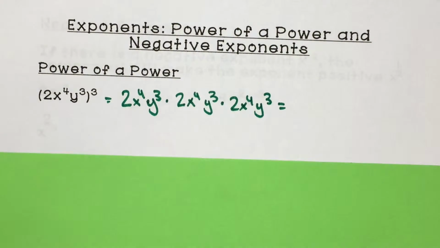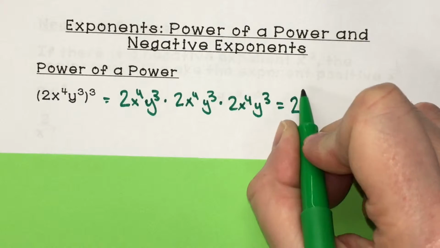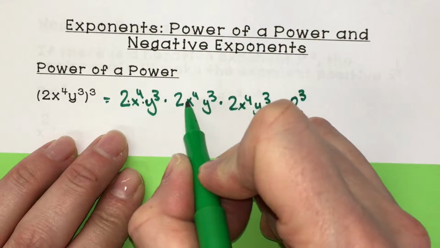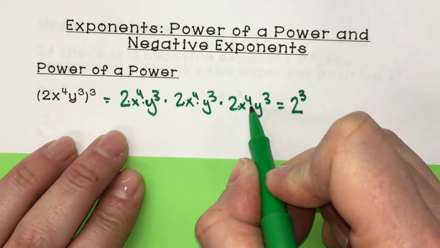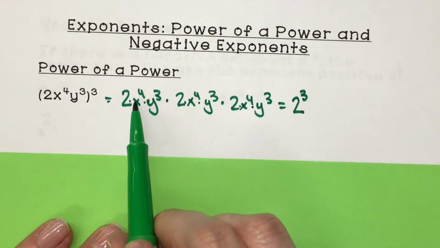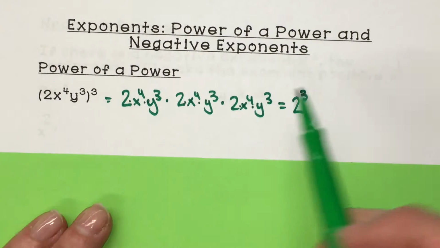Okay, and I can simplify this. I can multiply, well, 2 times 2 times 2 is 2 to the power of 3. And then remember there's multiplication in here. Anytime you have a number and a variable or variables right next to each other, they're always multiplied. So here I have x to the 4th times x to the 4th times x to the 4th.